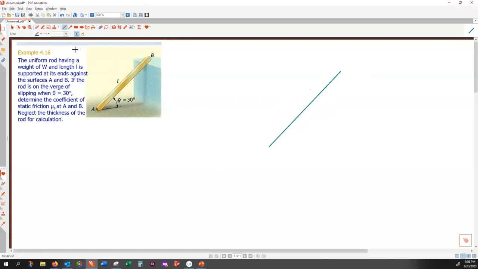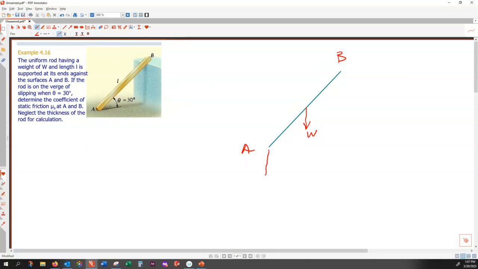two-dimensional view of this one, and that being point A, this one being point B. I know that the weight of this one is W, that should go right in the middle. And then for point A, the direction of sliding would be horizontal.